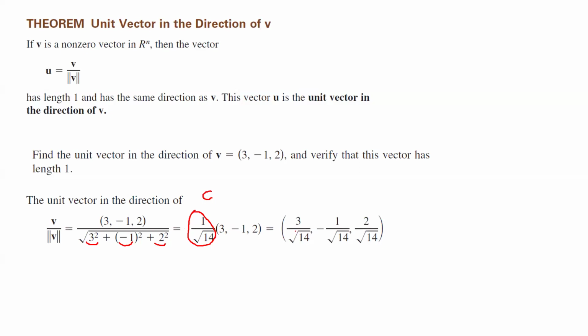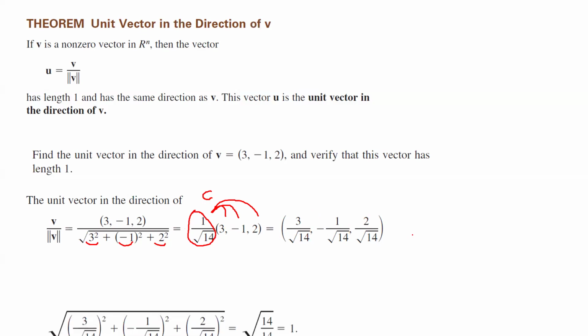This is 3 divided by square root of 14. You just distribute into each component. -1 over square root of 14 and 2 divided by square root of 14. Indeed, this is a unit vector. Why?